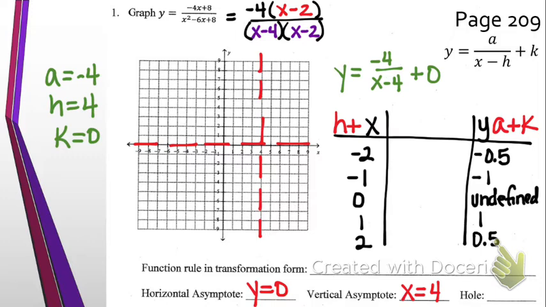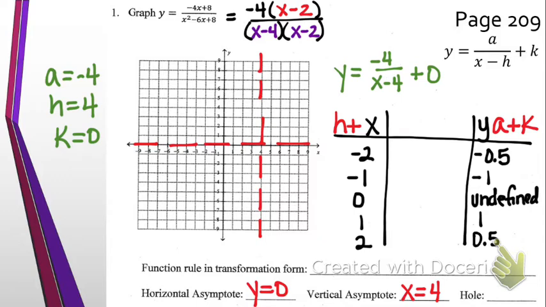So take a minute and graph it out, and then at the end we'll deal with this hole at the end. We'll do that last. But I want you to graph it normal, and then I'll show you how to add that. It's really simple.